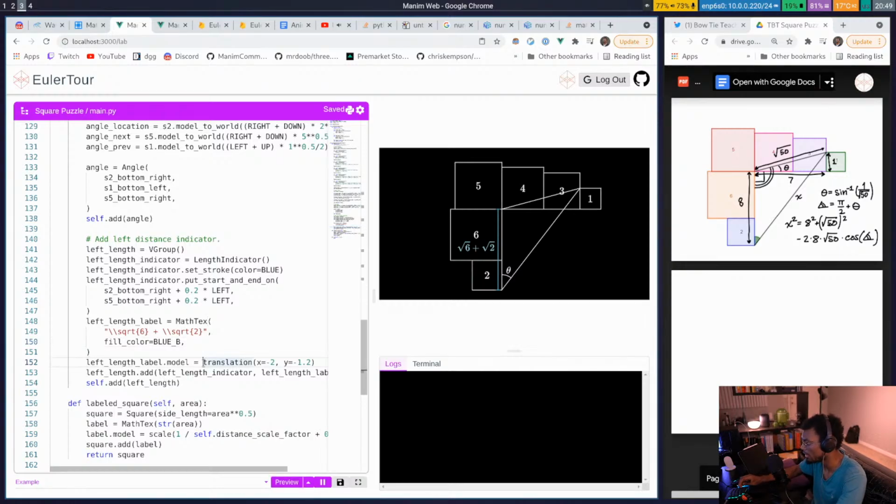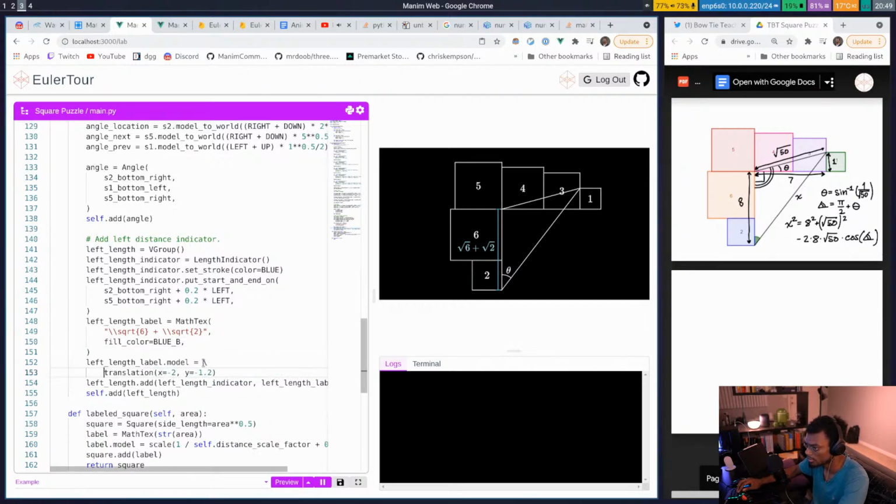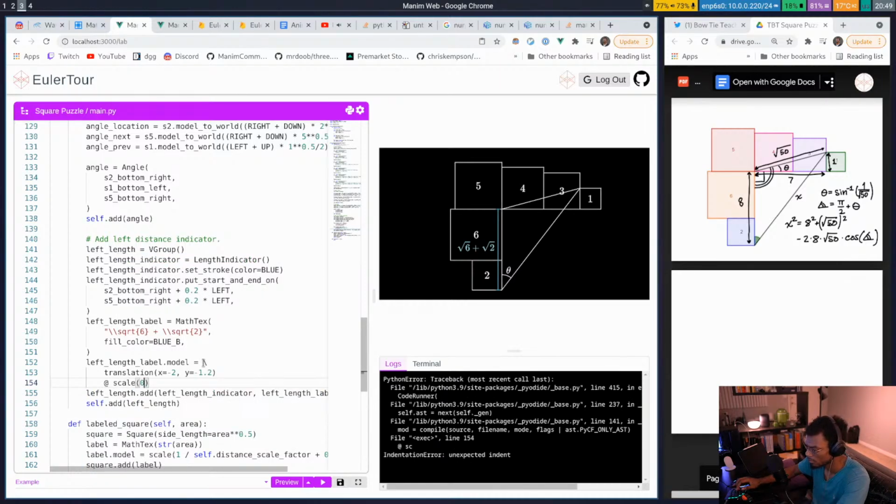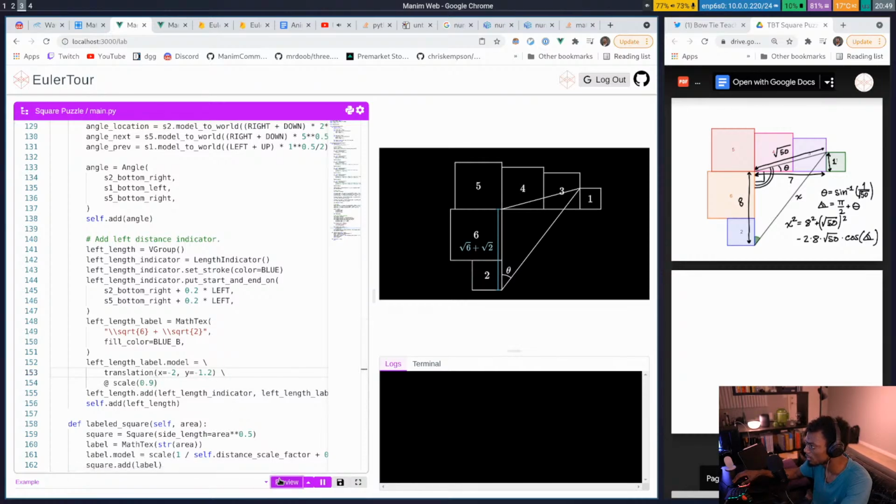Let me scale it, then translate it. Oh, yeah. 0.9, can I get away with 0.8?